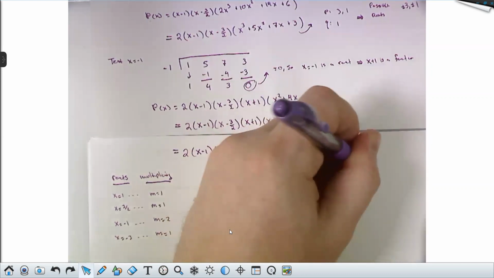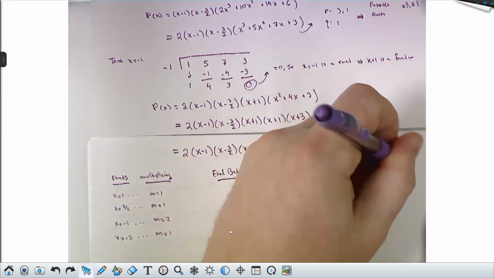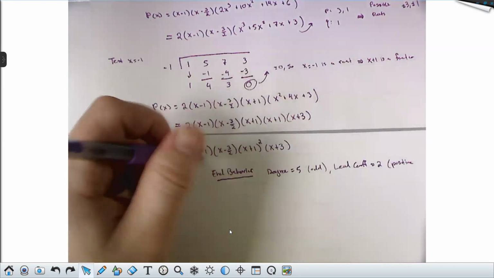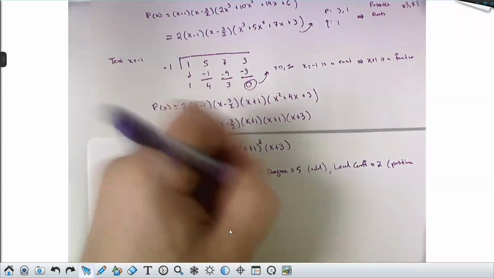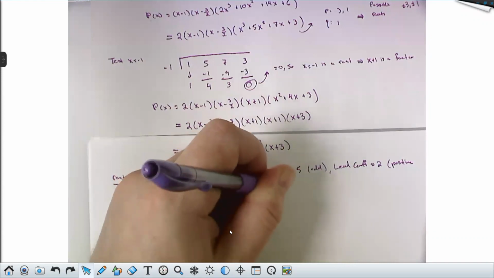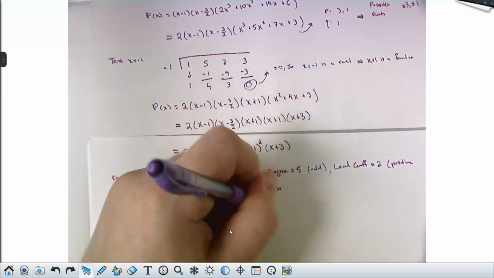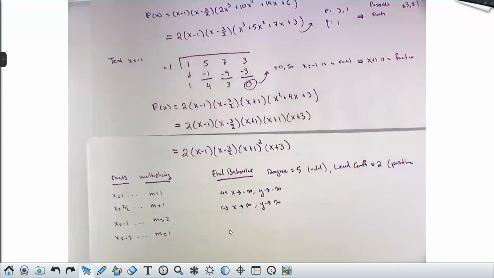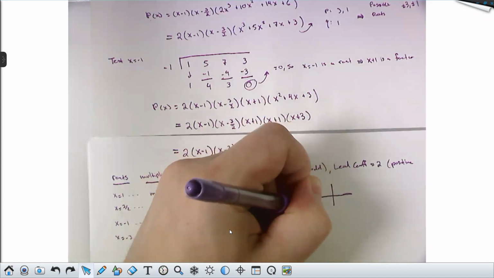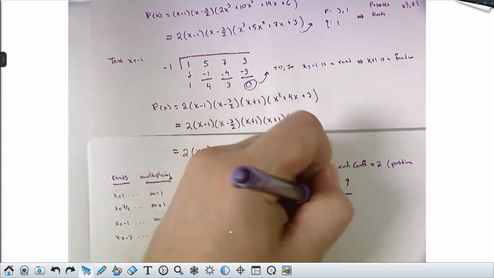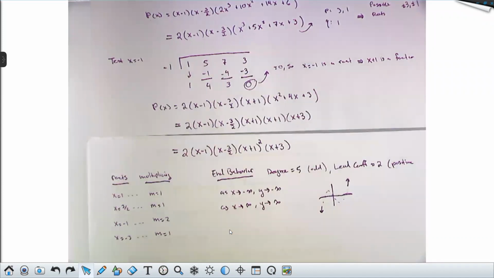And the lead coefficient is 2, which is positive. So in goes-to notation, I would say as x goes to -infinity, y goes to -infinity, and as x goes to positive infinity, y will also go to positive infinity. In other words, my end behavior is down on the left, up on the right. And I have no idea what's going on in between here, but that's what we are going to figure out now.